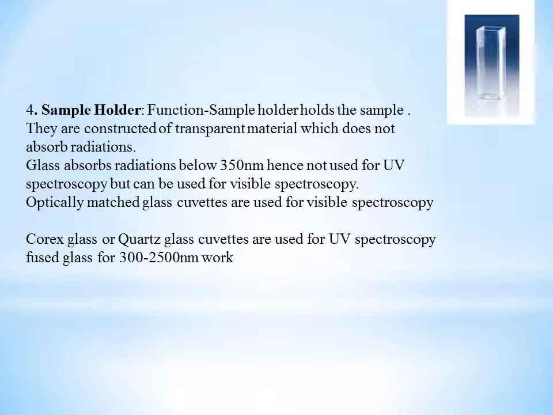Optically matched glass cuvettes are used for visible spectroscopy. For UV spectroscopy we have to use Corex glass or quartz glass cuvettes, which will not absorb the UV radiation. If the radiation is from 300 to 2500 nanometer, then we have to use fused glass.